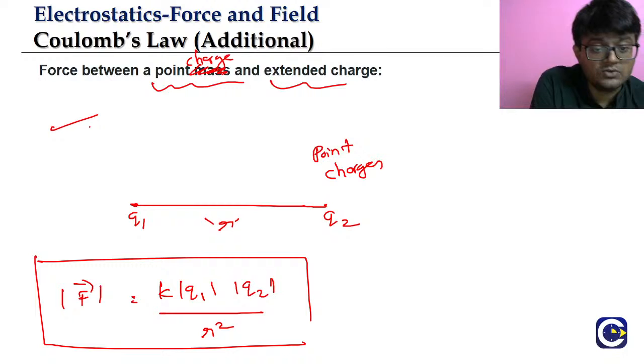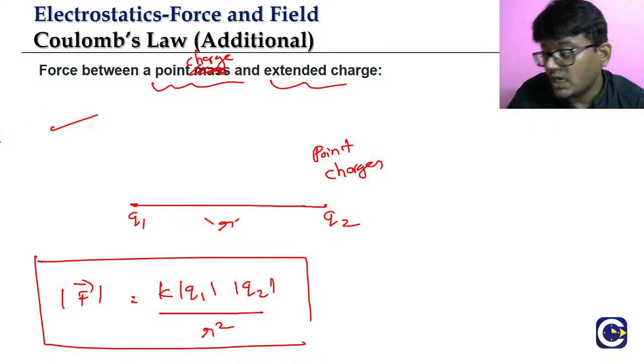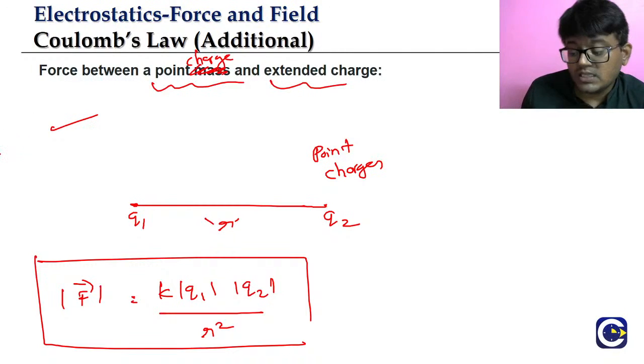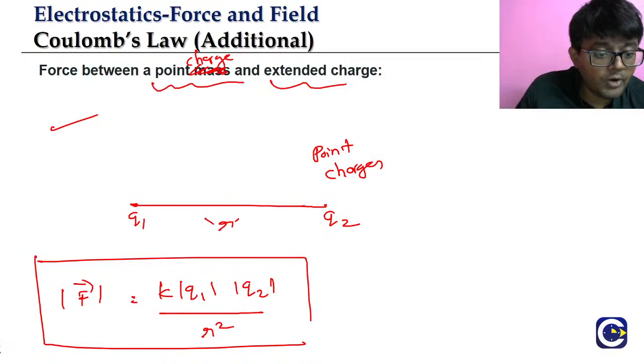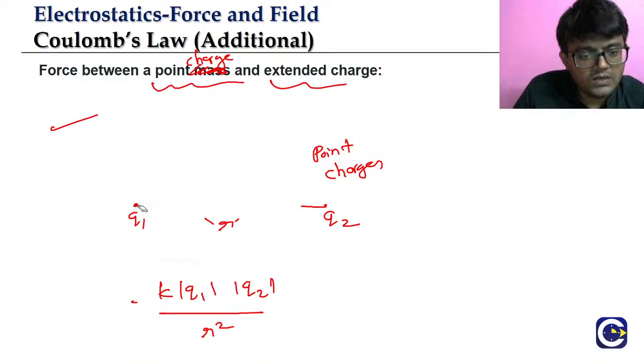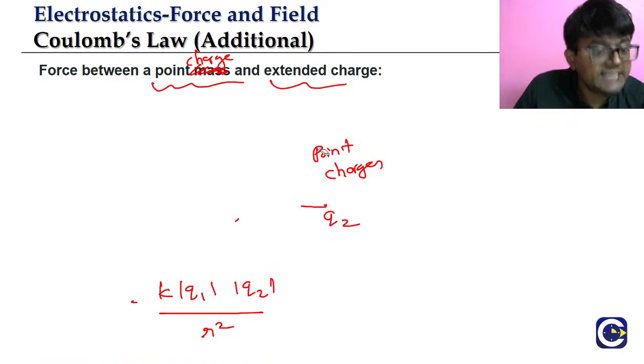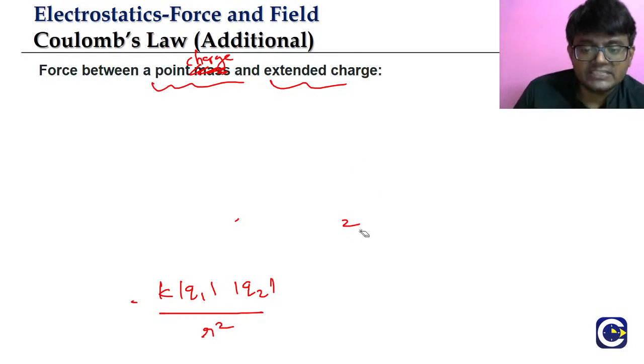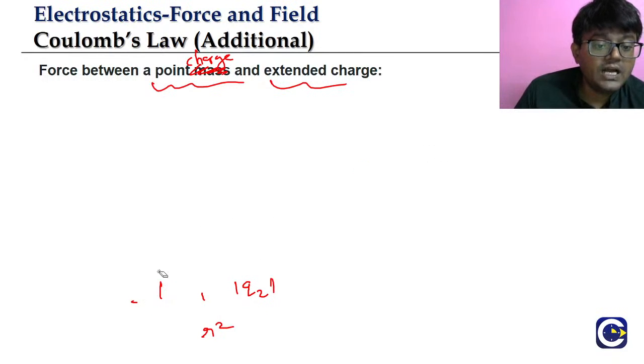Normally what have we seen? We look at Coulomb's law only in the case of point charges, but if one side is a point charge and the second side is an extended charge, then what will be the way in which we can find the force?